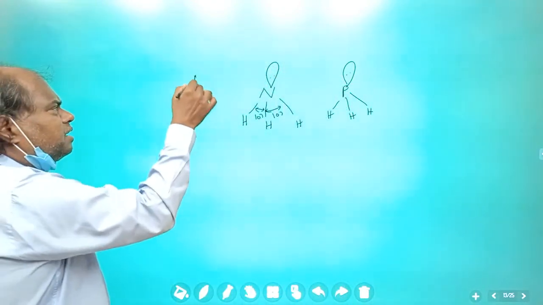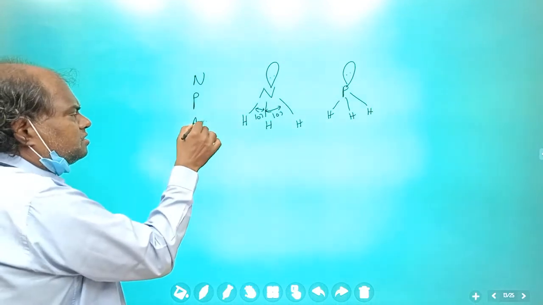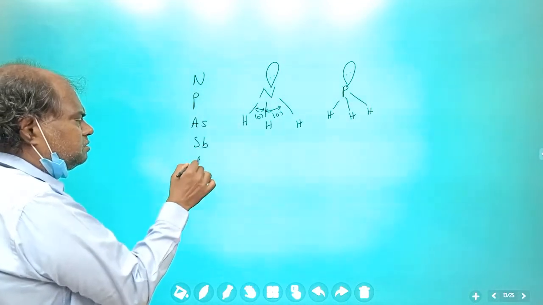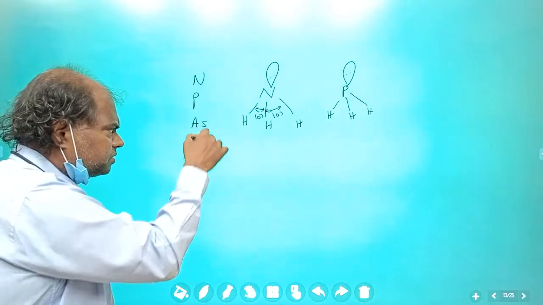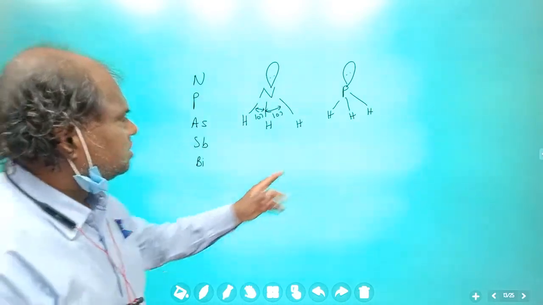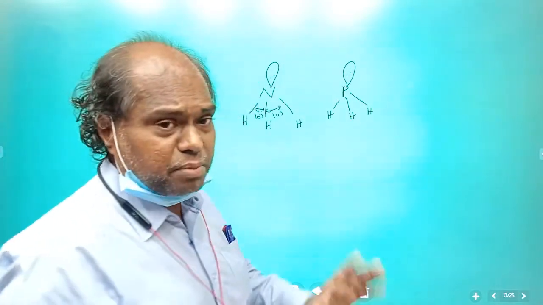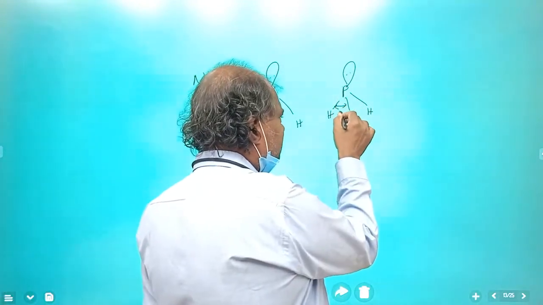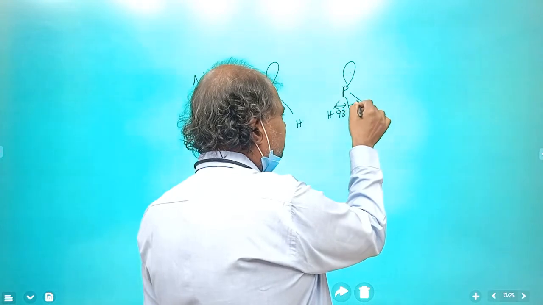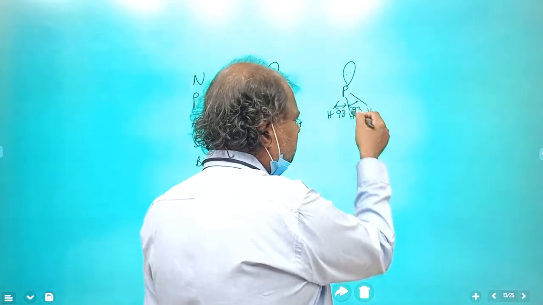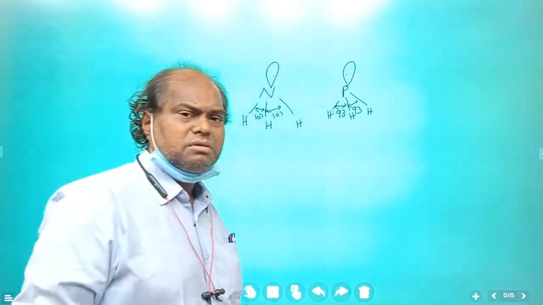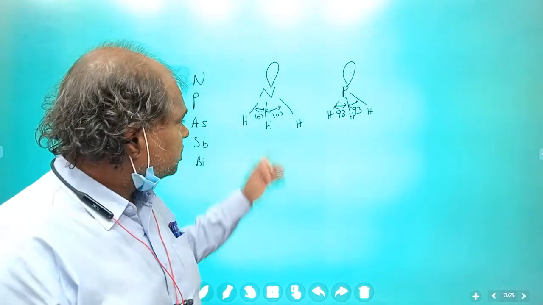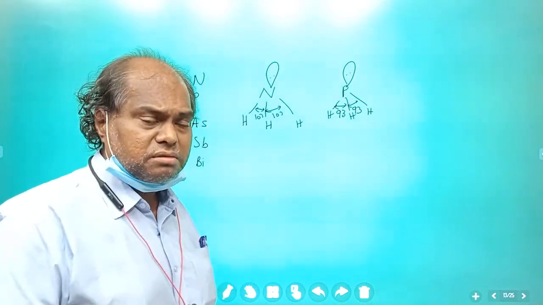The elements of that family are nitrogen, phosphorus, arsenic, antimony, and bismuth. Now I'm drawing PH3. Very surprisingly, what scientists have found is that this angle comes out to be somewhere around 93, 94. Such a drastic change they are finding.